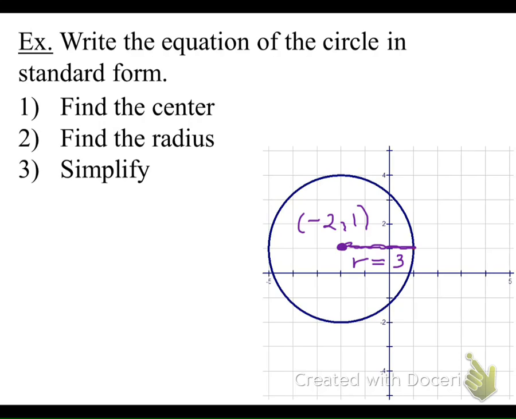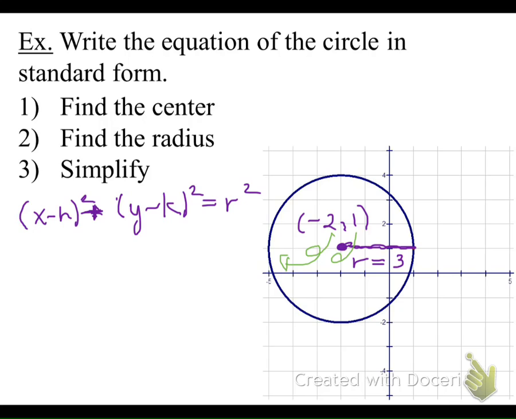And we'll go ahead and write down the equation of a circle in standard form as x minus h quantity squared plus, always a plus for a circle, y minus k quantity squared equals our radius squared. As we substitute values into that equation, again, don't forget to change the signs of your h and k as you plug them into your equation.